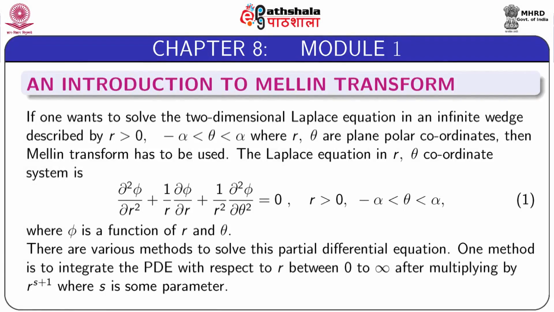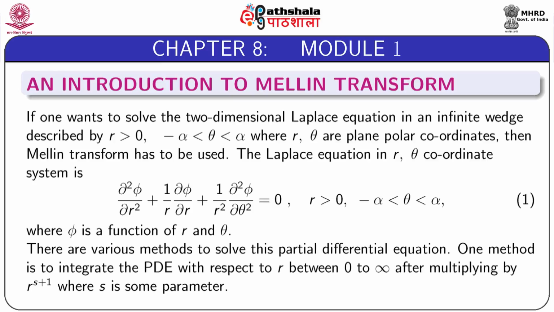If one wants to solve the 2-dimensional Laplace equation in an infinite wedge described by r positive, theta lying in the interval minus alpha to plus alpha, where r, theta are plane polar coordinates, then we have to use Mellin transform.